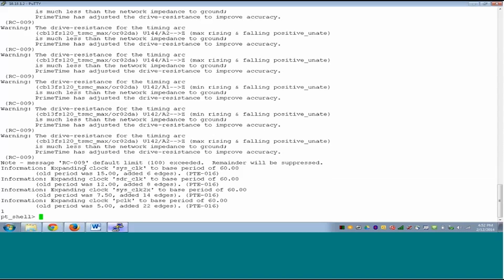Now if you remember, we discussed if you have two clocks of different frequencies, how does PrimeTime calculate the setup and hold effect? The first rule was that it will expand the analysis time period to the LCM of the two clocks. So now to confirm the LCM, we will do report clock.